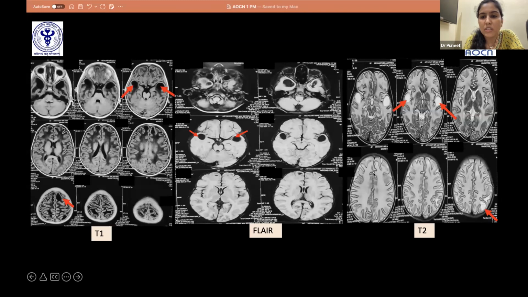Corresponding areas are showing diffuse hyperintensity on T2 weighted images, with some local hypointensity seen at the bilateral anterior temporal pole, in the frontal horn, in the frontal lobe, as well as here this red arrow is depicting some hyperintensity on T2 in the parietal lobe also. When a FLAIR sequence was seen for this particular child, you can see complete suppression of these hypointensities, almost similar to the CSF intensities, suggesting cystic changes.